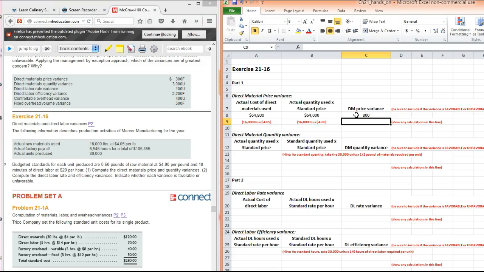When we're talking about costs, if my actual cost is greater than my budgeted cost, then that makes it an unfavorable variance. If my actual cost is less than my standard or budgeted cost, then that one would be favorable. So my actual costs are greater than my standard, so this makes an unfavorable variance.